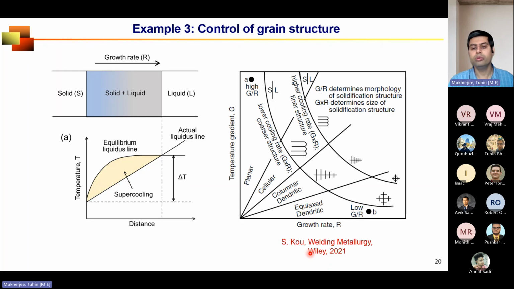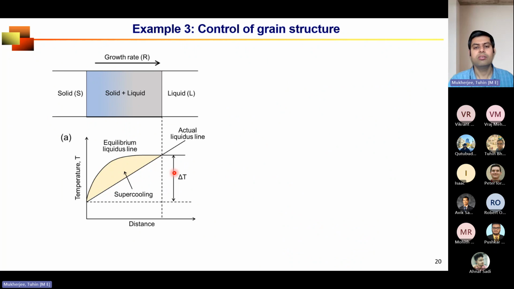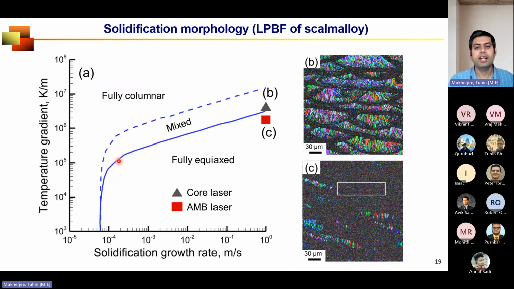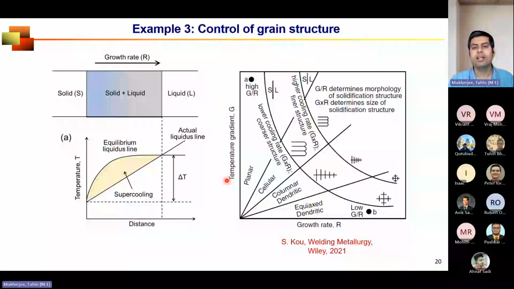What Kurz told us, this is the book I was talking about, the most recent edition, 2021 edition: temperature gradient and solidification growth rate. So exactly the same plot I was showing in the previous slide. If I go back, you will see that depending on the slope of temperature gradient and solidification growth, higher slope means columnar, lower slope means equiaxed.